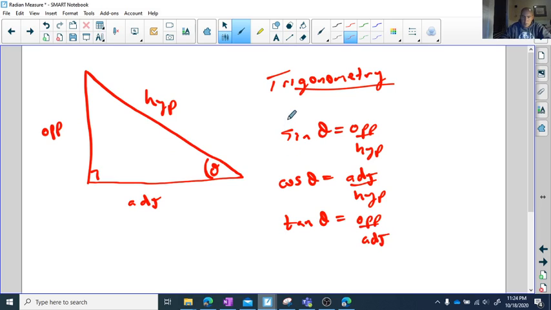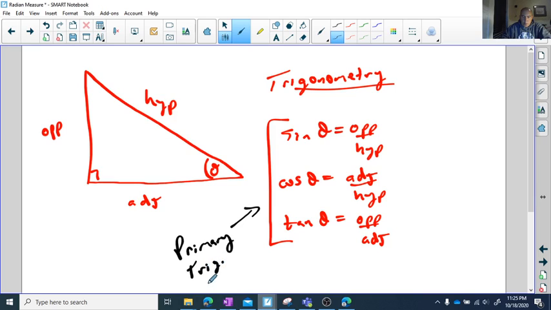And these are referred to as the 3 primary trig ratios, trig being short for trigonometric.